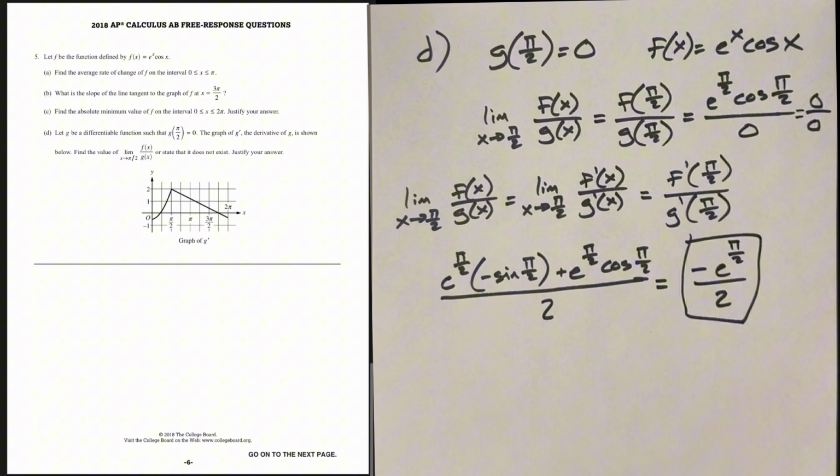Once again, we've gotten 0 friendly answers throughout this entire question, which is a little bit tough. It's 2018, I think they rolled with a lot more ugly answers back then. But this would be the value of the limit.